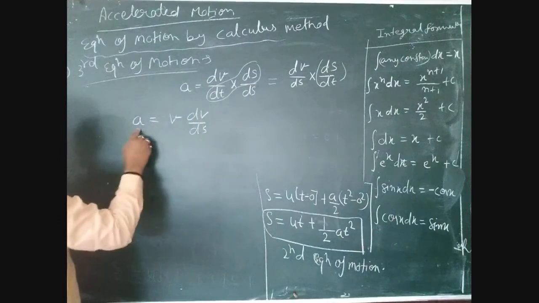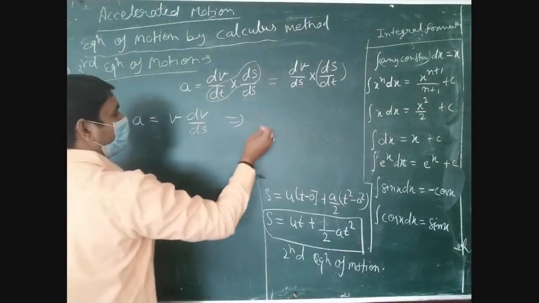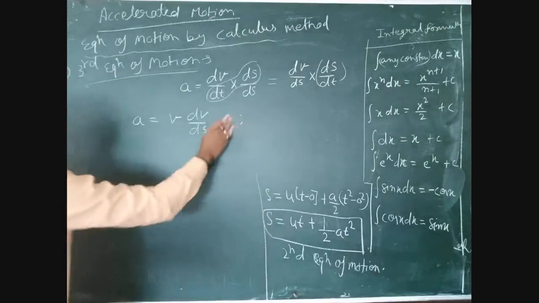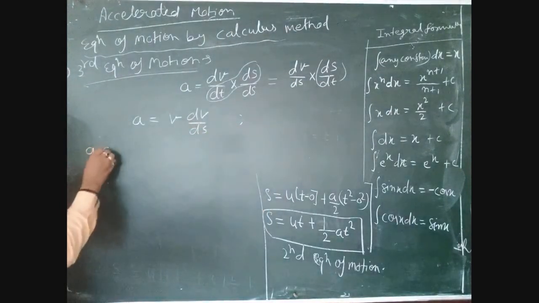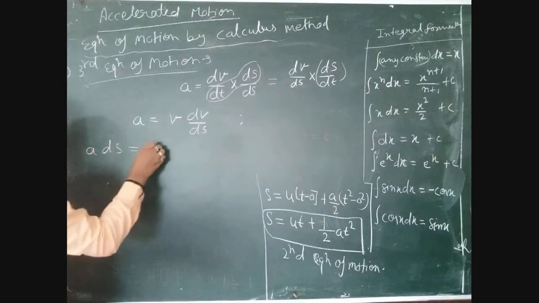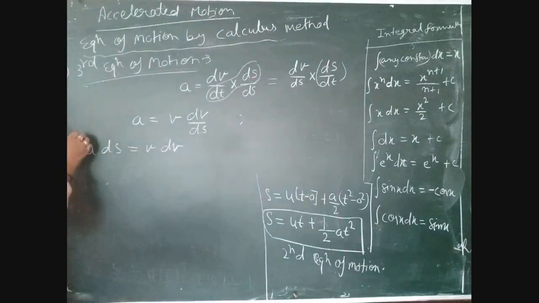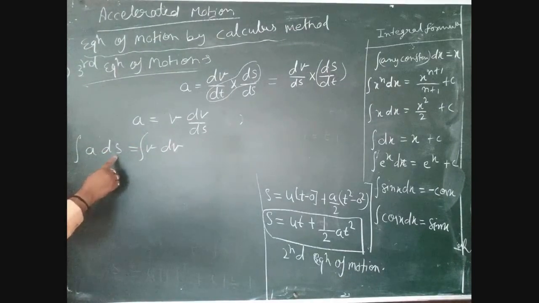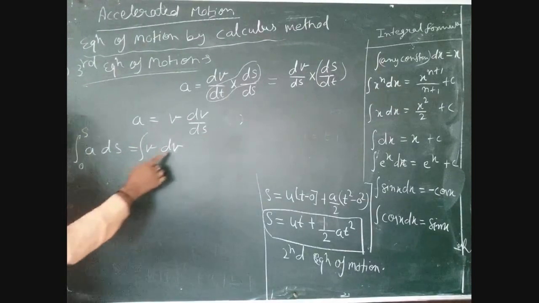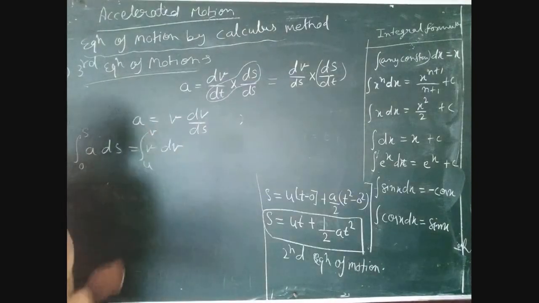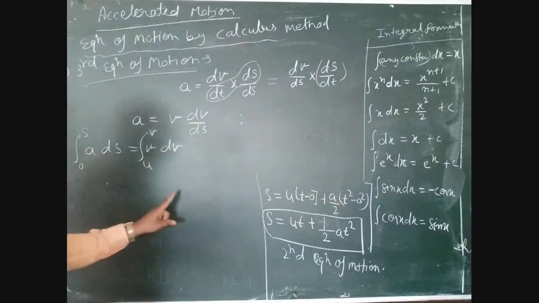Now multiplying by ds, you will get a ds equal to v dv. Now integrate each, for displacement from 0 to s and for velocity from u to v.